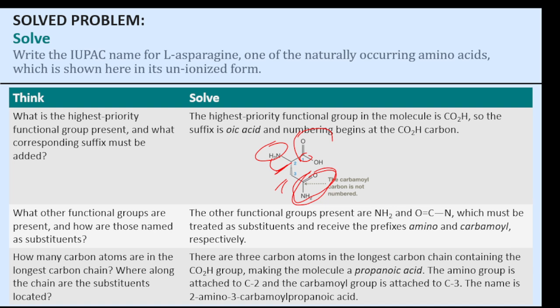And this only happens in 2 cases, that is the carbamyl and the nitrile, or the cyano, when we have those 2 substituents. Every other case, the substituent doesn't include the carbon, all right? You can think of it as, in these carboxylic acid derivatives, the functional group's carbon is included.